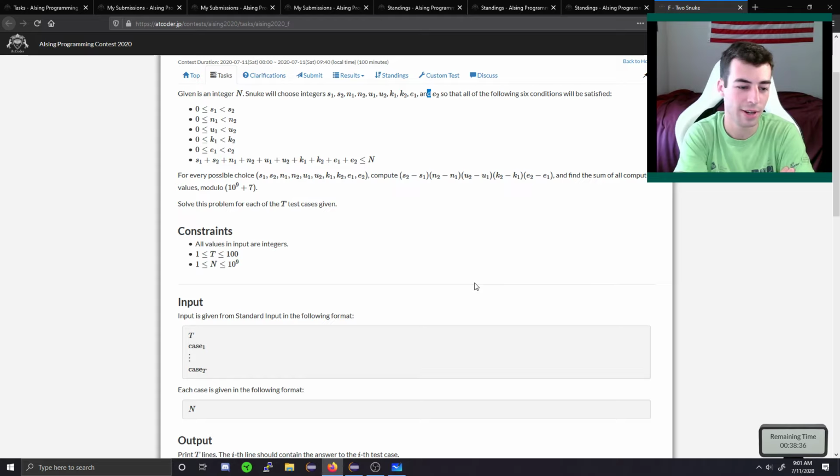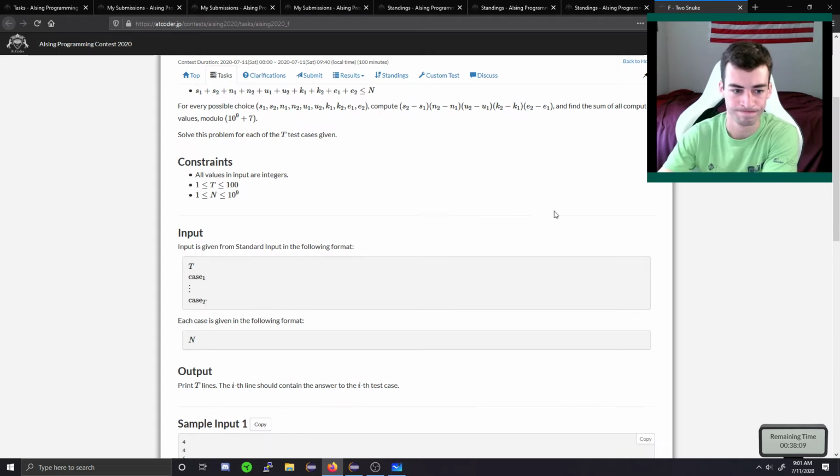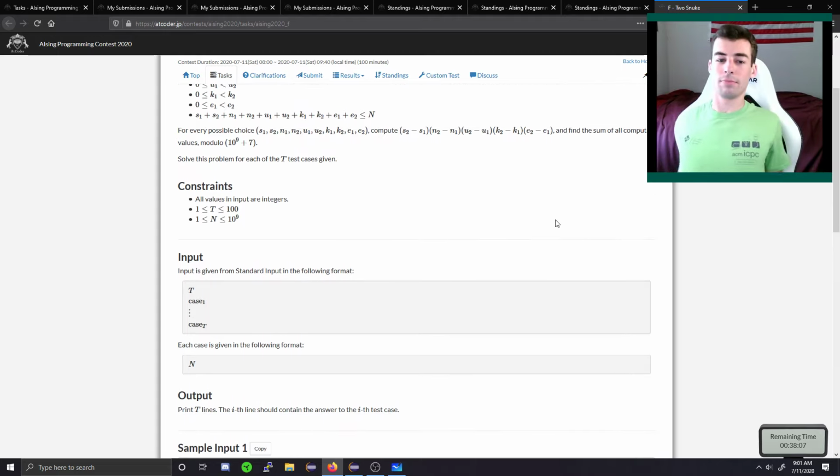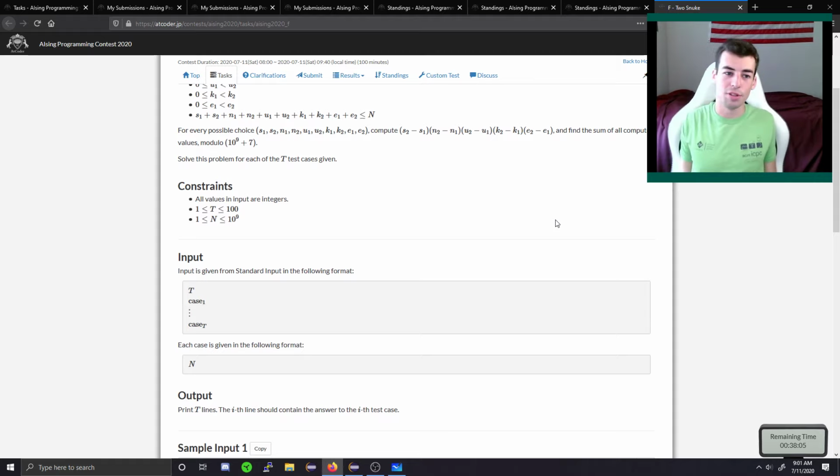Is this just pattern finding? Do I just write out the brute forcer and look for patterns? I don't even know where to start on this problem, to be honest.